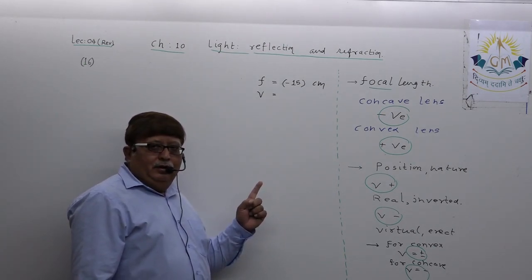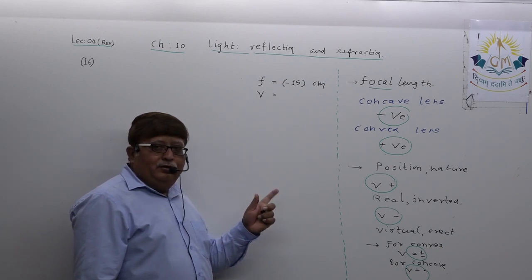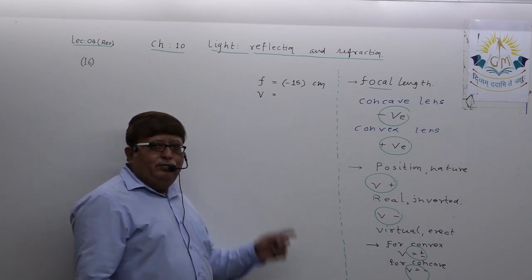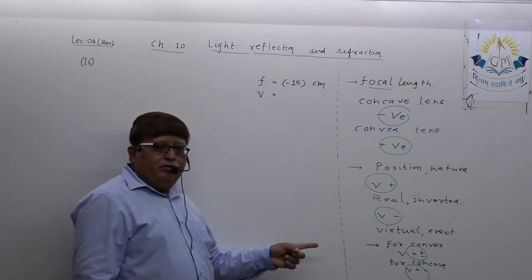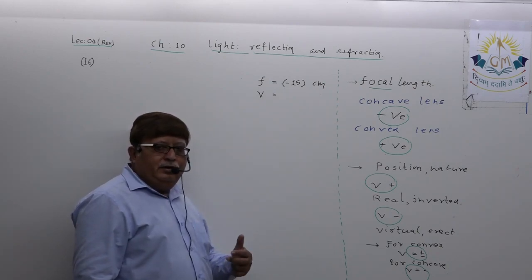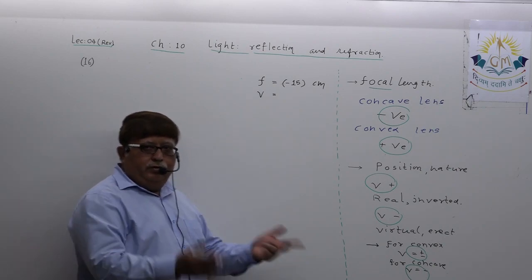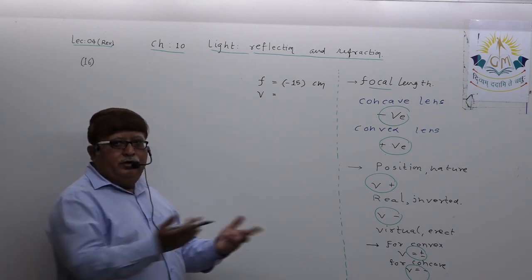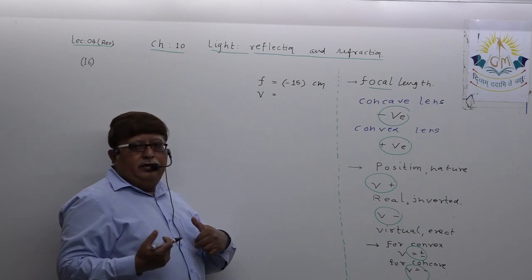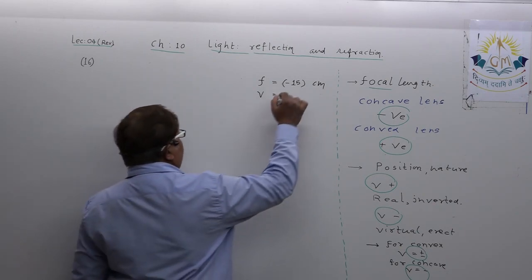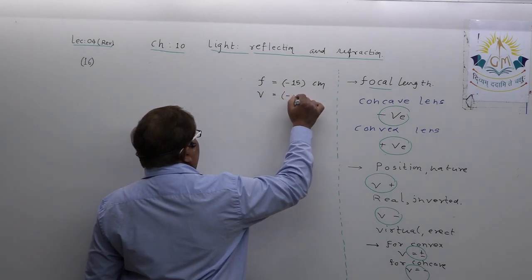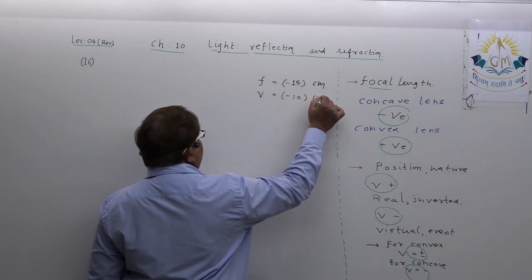Understand, V, should I take V negative or positive? If you are clear about the concept that in case of concave lens, V can never be positive because both the image are obtained on the same side of the lens. Understand? So, dear student, V is minus, okay?